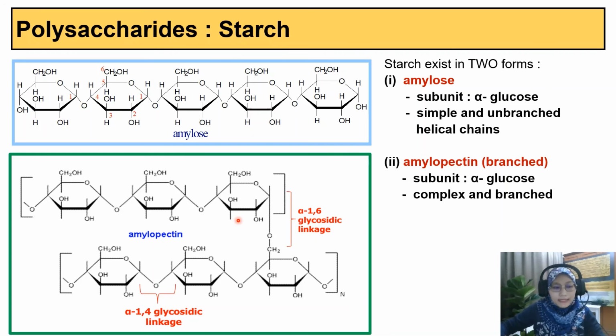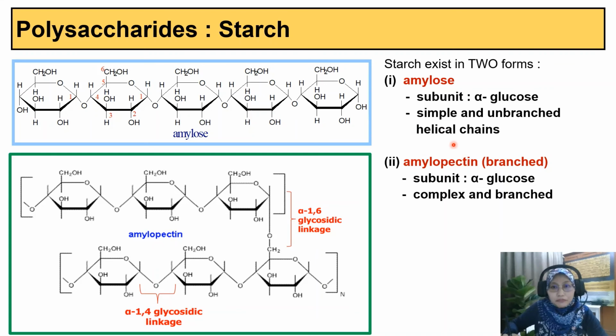And all polysaccharides are easily hydrolyzed except for cellulose. So, let's look at the first polysaccharide, which is starch. Starch exists in two forms. First, as amylose, and second, amylopectin.